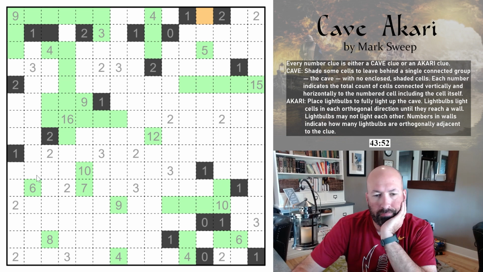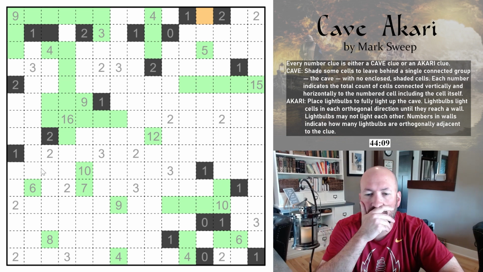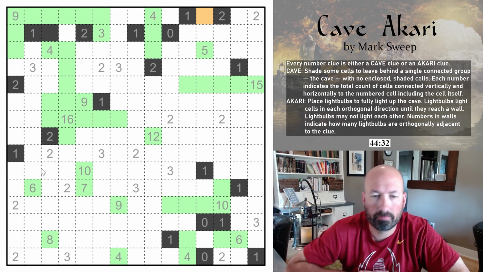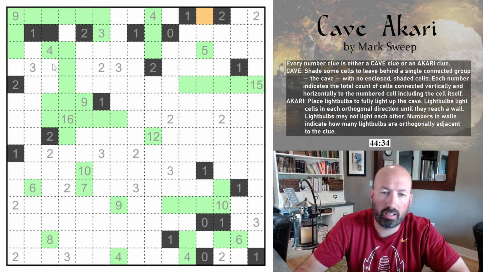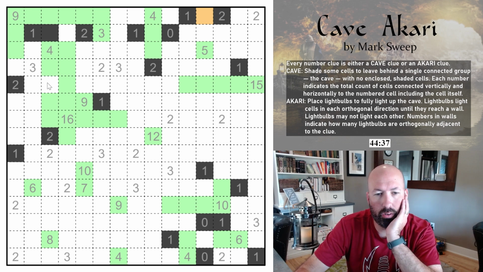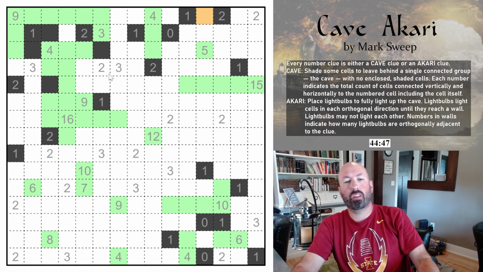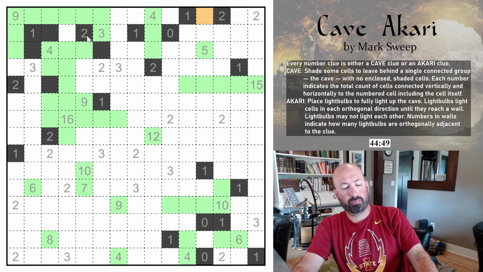Not getting anywhere very fast, are we? So this 4 doesn't have a lot of options, right? It can only go one more this direction. But I think... and it can't do that because it would create a checkerboard over here.